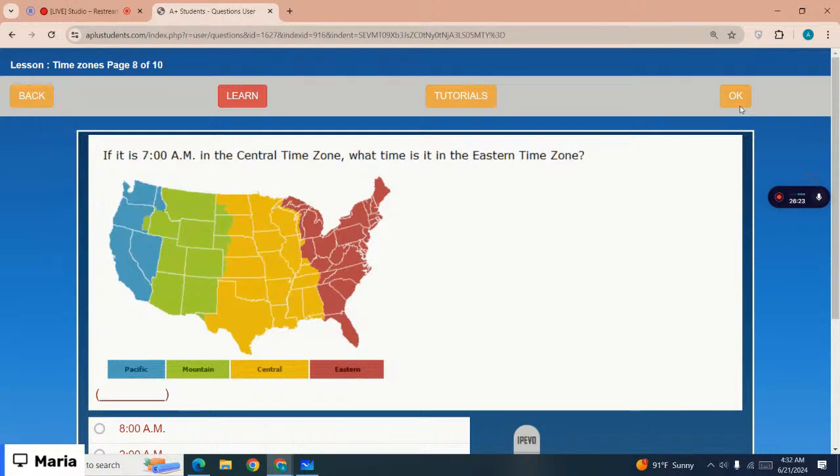If it is 7 a.m. in the central time zone, what time is it in the eastern time zone?